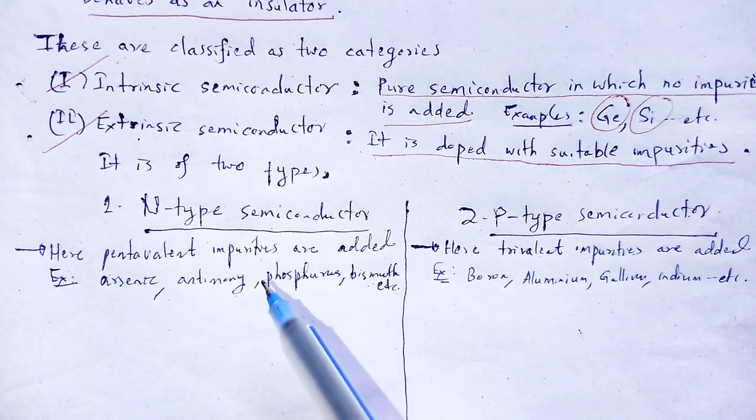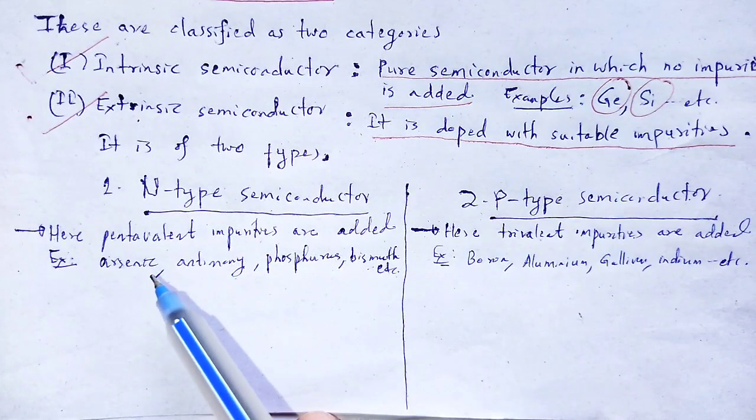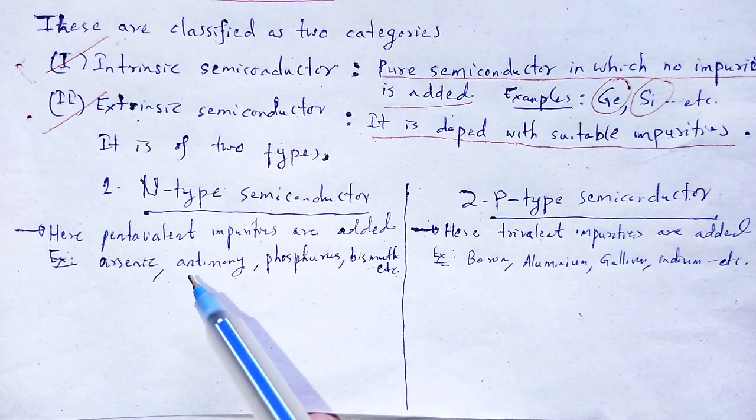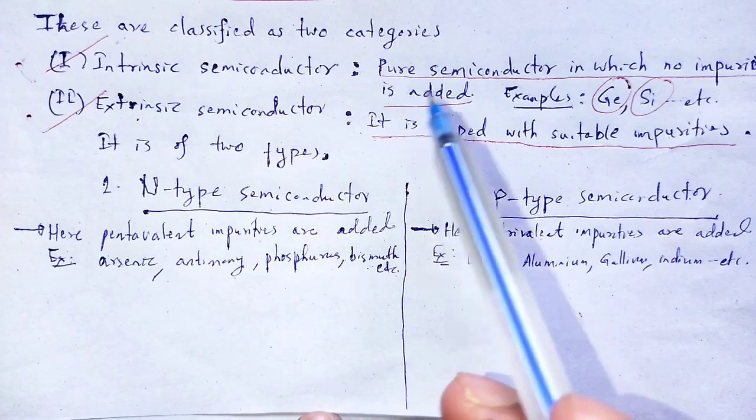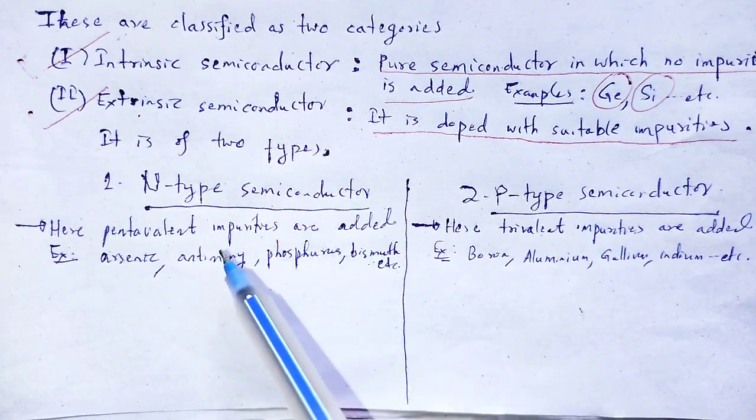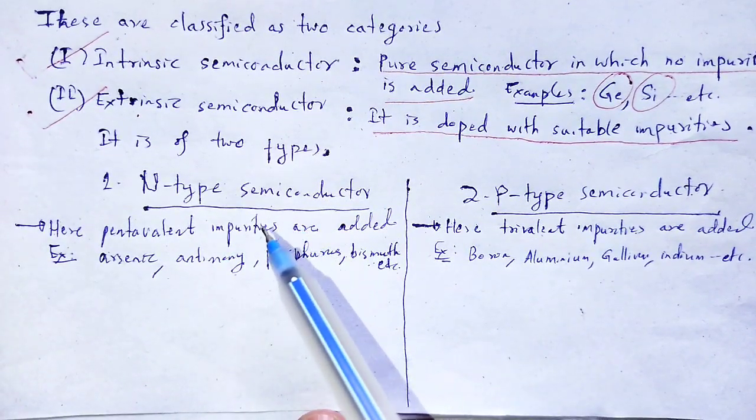Let us add pentavalent impurities to a pure semiconductor in order to achieve an N-type extrinsic semiconductor.